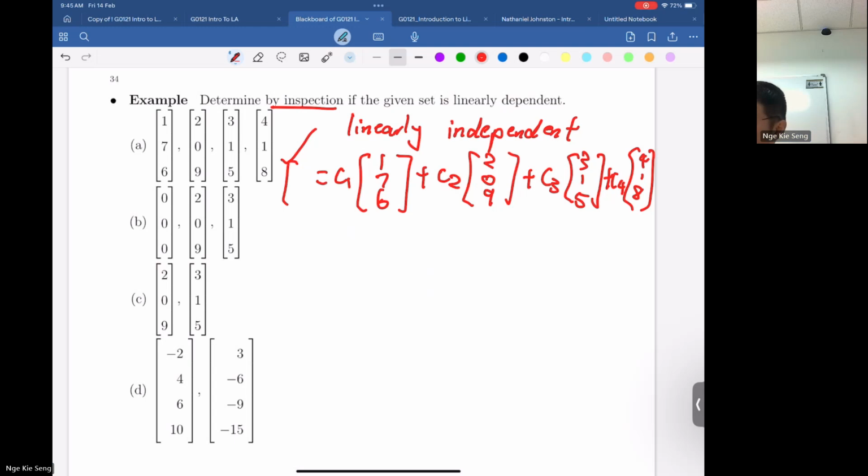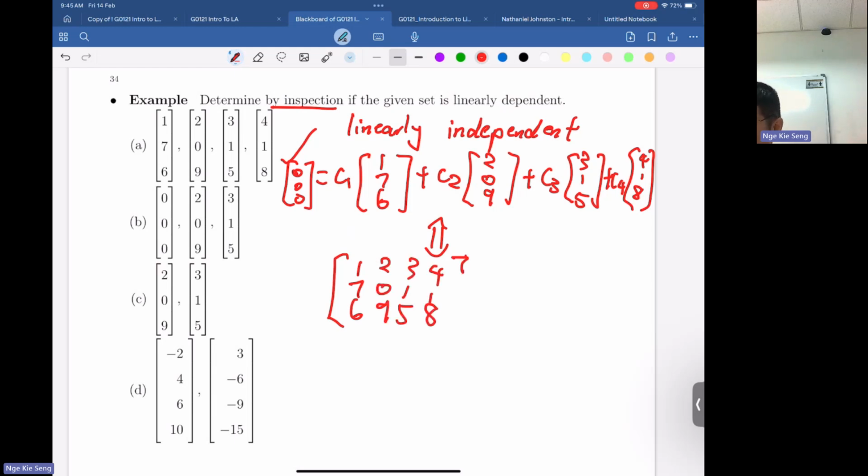Right. But to solve these means what? You need to solve the augmented matrix. So what's the augmented matrix? 1 7 6, 2 0 9, 3 1 5, 4 1 8, and 0 0. Can you try and row reduce this?